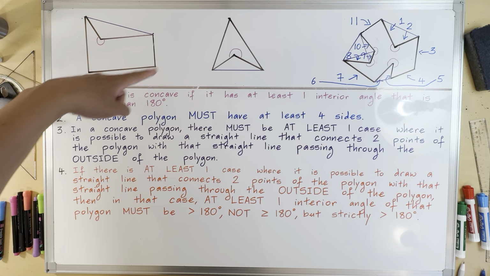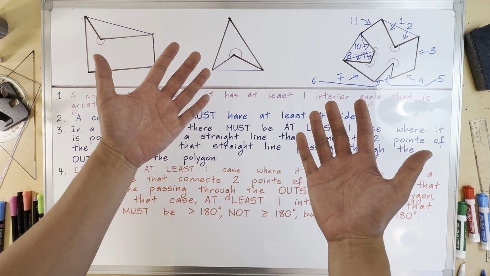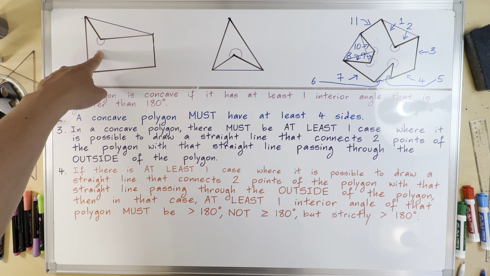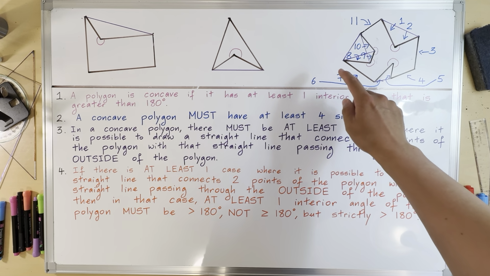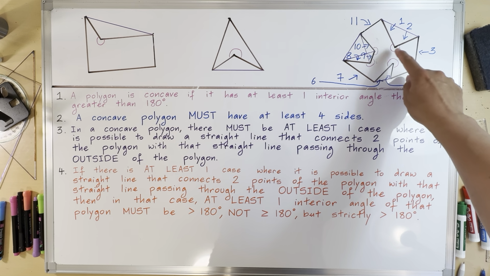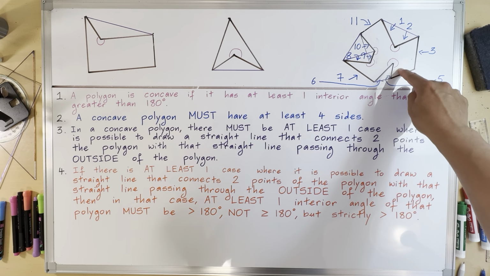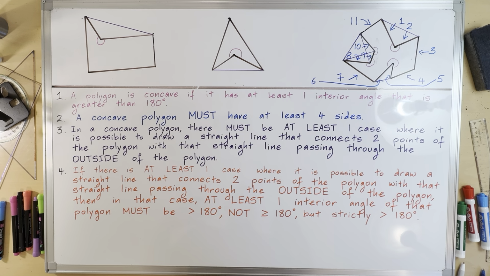Specifically, for this first polygon right here, the interior angle that is greater than 180 degrees is this one. For the second polygon, it is this angle right here. And last but not least, for the third polygon on the right side of the whiteboard, it has 1, 2, 3, and 4 cases where the interior angle of that polygon is greater than 180 degrees. And this is the logical analysis of concave polygons.